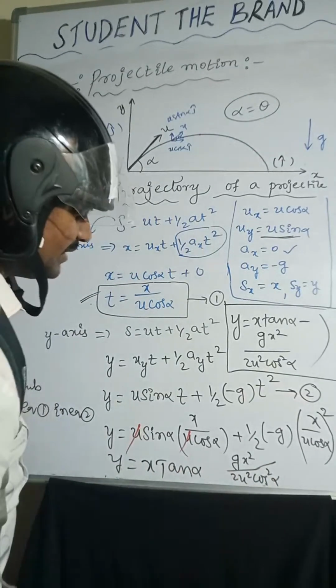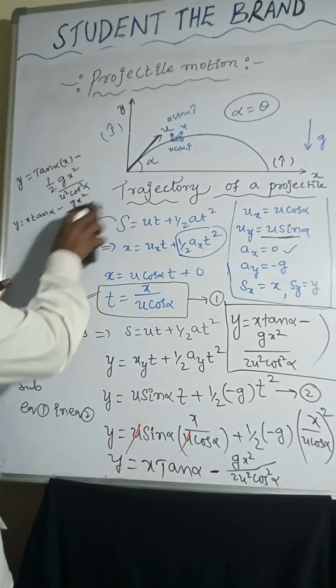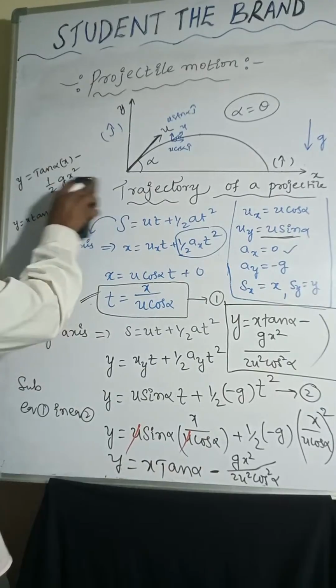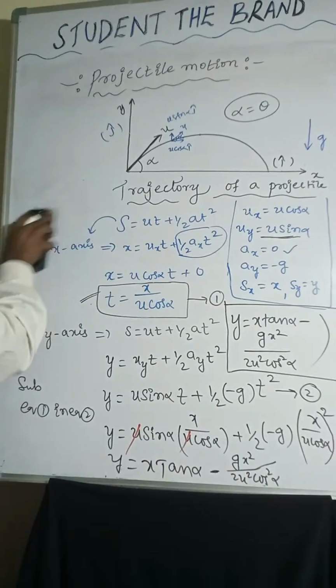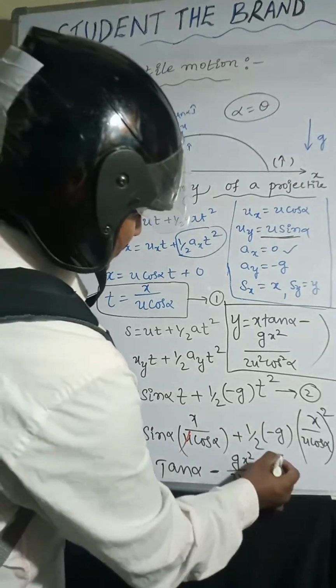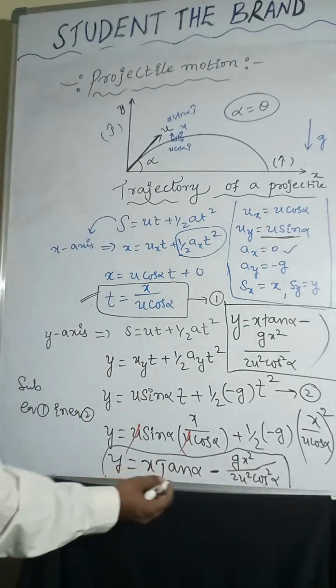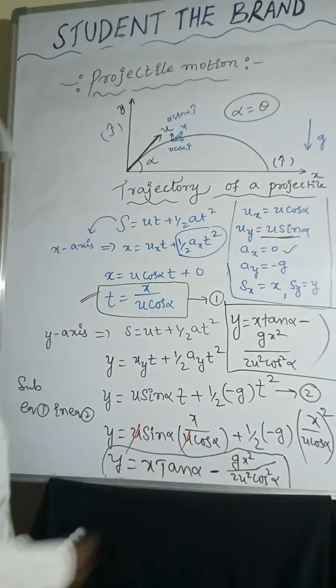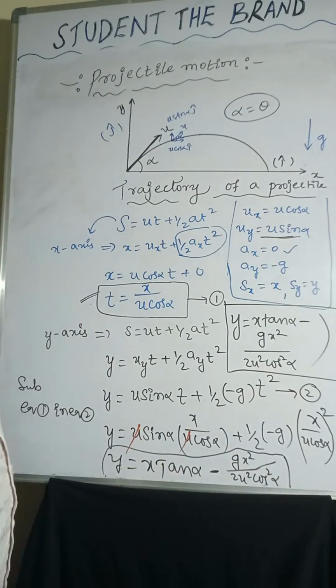Continuation will be there, that's why I wrote it here. The small letters can't be seen, so now you can see here: this is the final equation. Y equal to x tan alpha minus g x square by 2u square cos square alpha. Is it clear or not? Check once.